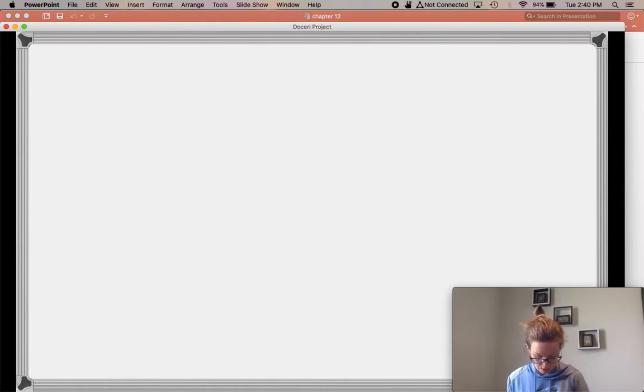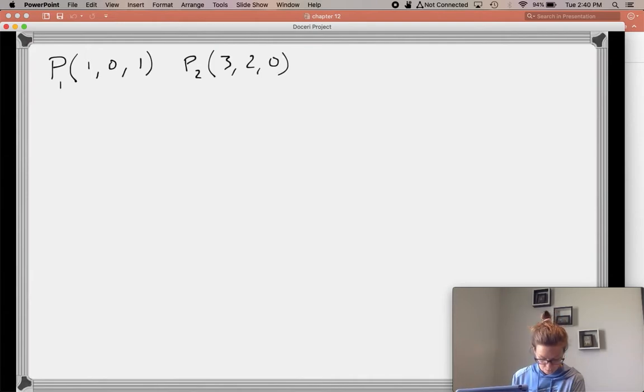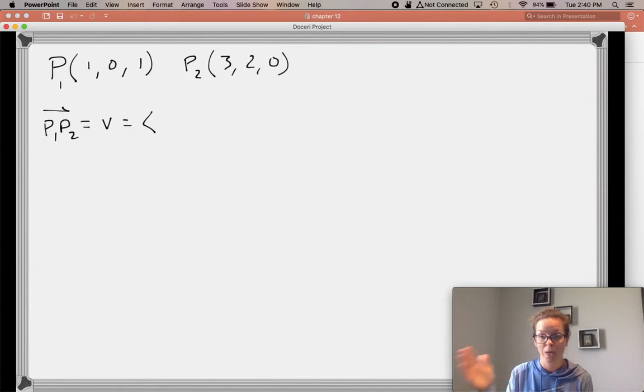So I'm going to say point P1, this is going to be our originating point, is 1, 0, 1. Point P2 is going to be 3, 2, 0. And we're going to find the component form vector for P1 to P2. So we'll call it V. As we did before, to find our component form, we take the difference, end minus beginning.